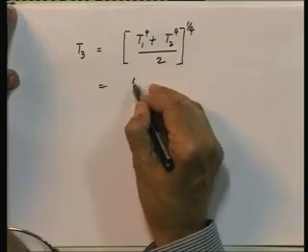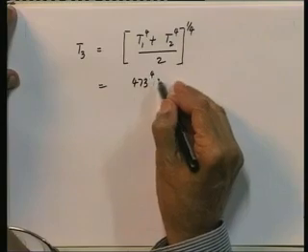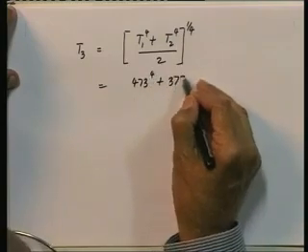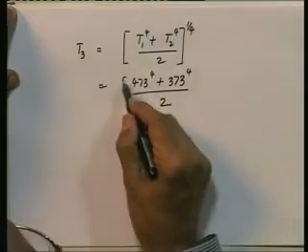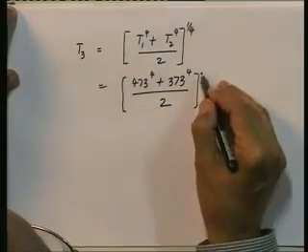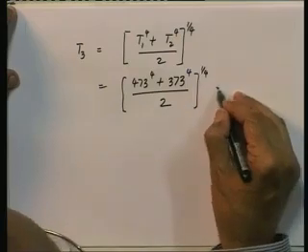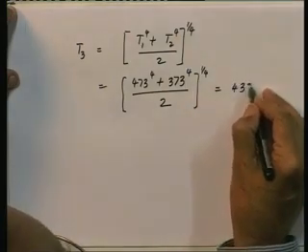So, it is nothing but 473 to the power 4 plus 373 to the power of 4 divided by 2, the whole thing to the 1/4, which is equal to 432 Kelvin.